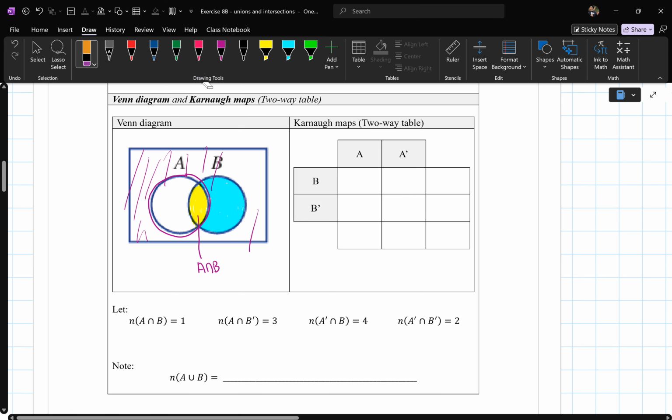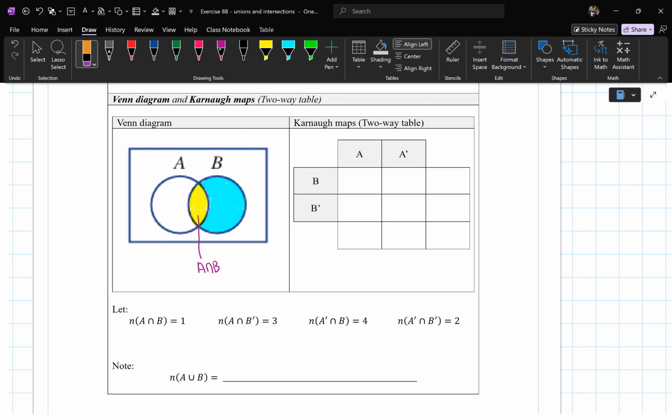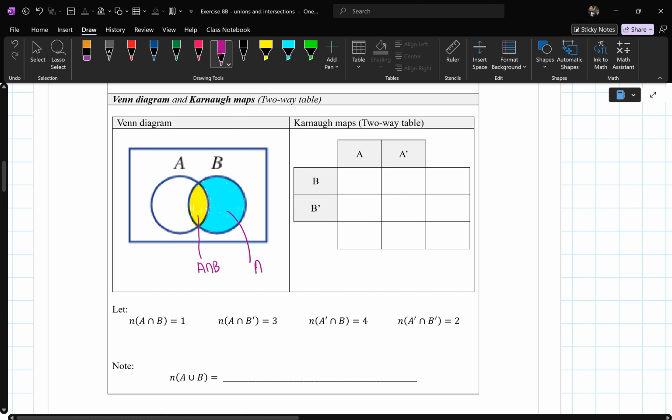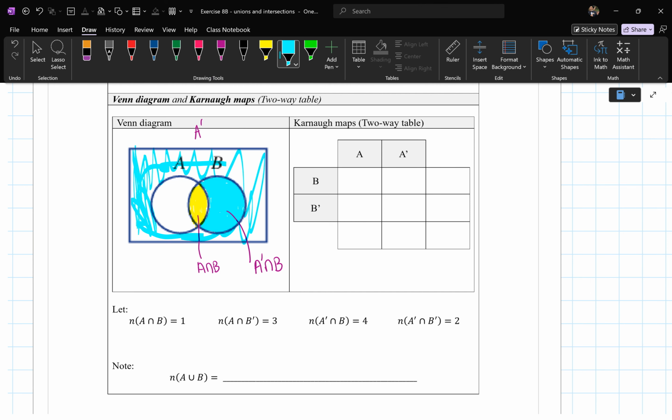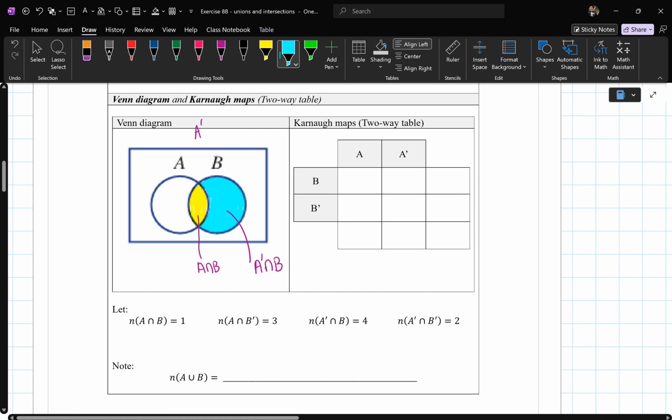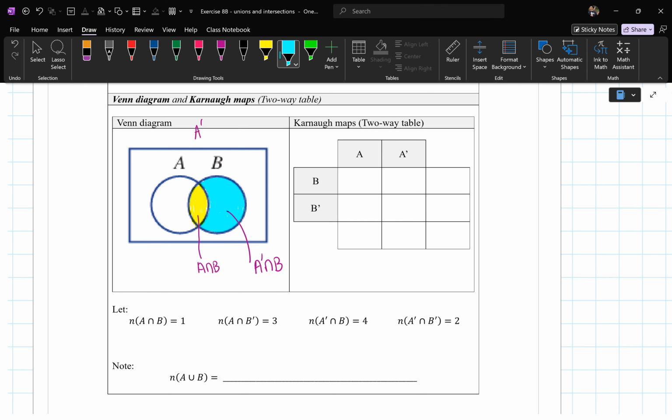So everything that's not A does have something in common with B. And that's why we say this region is not A, but is in common with B. So it's specifically in that region. Otherwise, if I just said, where's the region that's not A? Well, all of this is not A. Get me? But I didn't want the white region. I would want just that B section. So it's B, but I don't want to include the yellow region. So I say not A, intersection B.